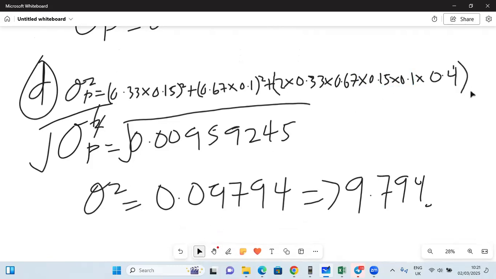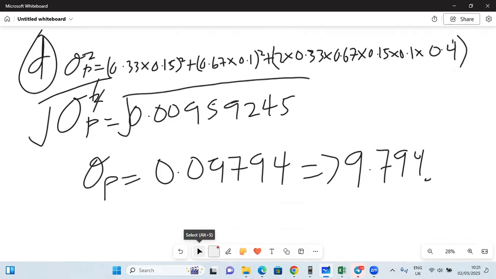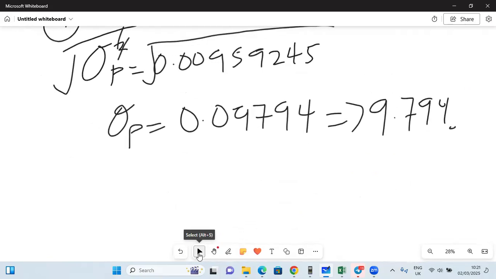We've noticed that when the correlation is relatively low, like it's medium here, we are seeing a standard deviation of 9.79%, which means it has reduced. So when the correlation is low, the risk is also low. That's what I said up there, that we'll be using calculations to support this. So that's it. When correlation is low, risk is also low.